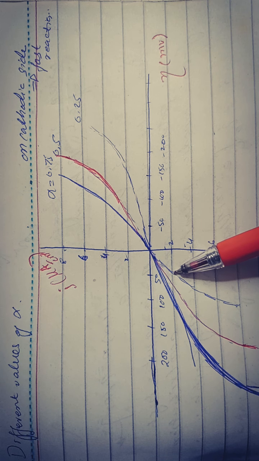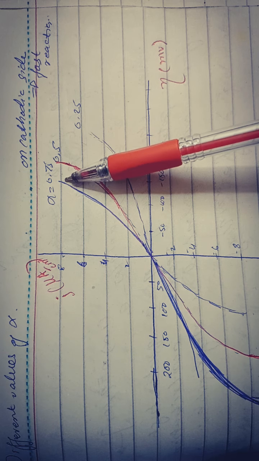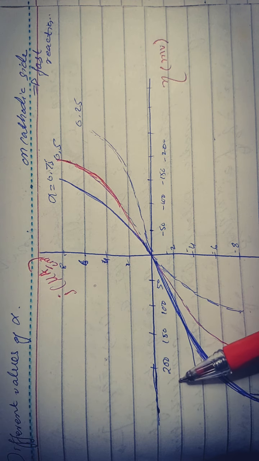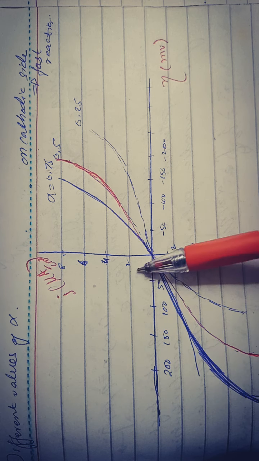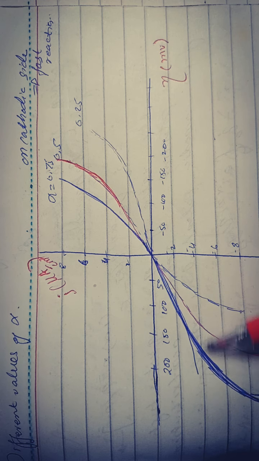for the anodic component, and for alpha greater than 0.75, large positive overpotentials will be required for the generation of anodic current.